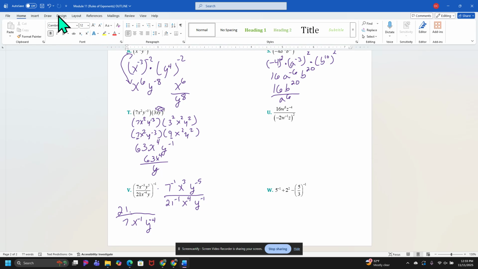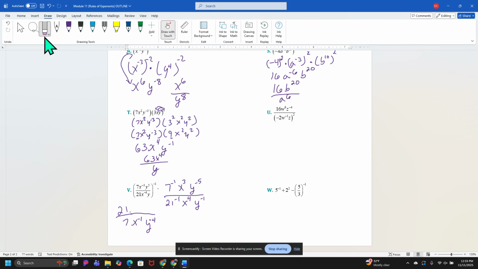And you keep that where you had the larger of the powers. So it's y to the negative 4 up here because this was a larger power, so you keep it up there. How did I get that? Negative 5 minus 1 is minus 4 because that turns to addition.